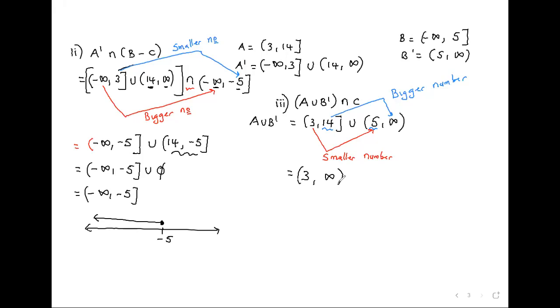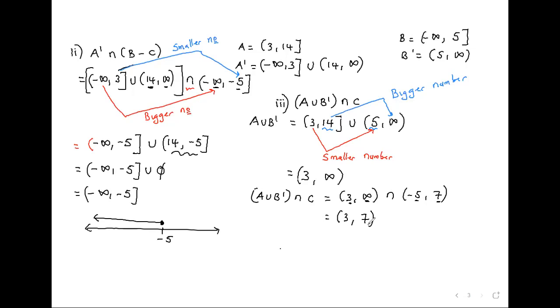Then this one now, A union B complement intersection C. So we're saying from 3 to positive infinity intersection. What is C? C is from negative 5 to positive 7. We are now in the intersection. So between 3 and negative 5, we get a bigger one, which is 3. Between infinity and 7, we get the smaller one, which is 7.